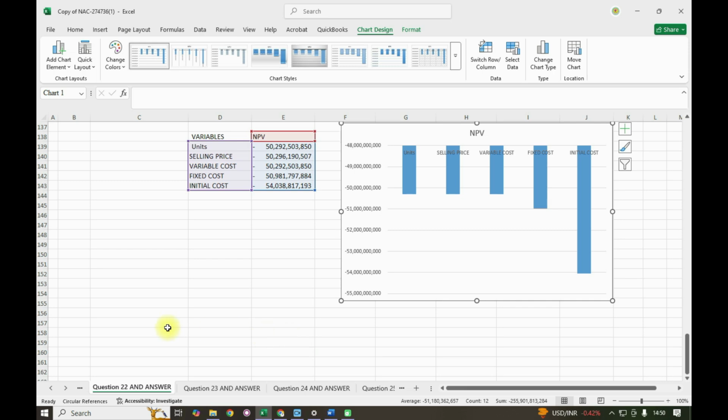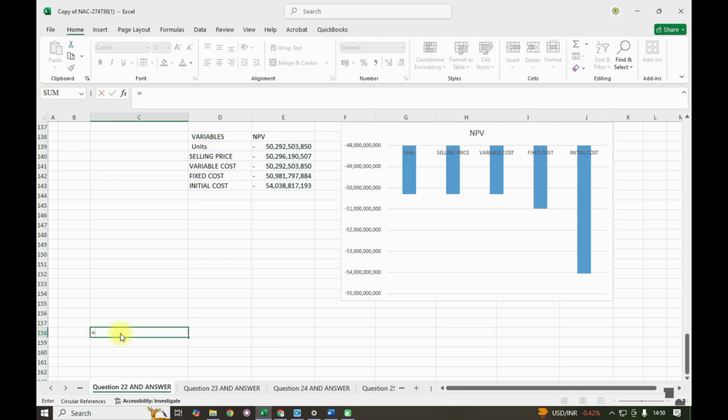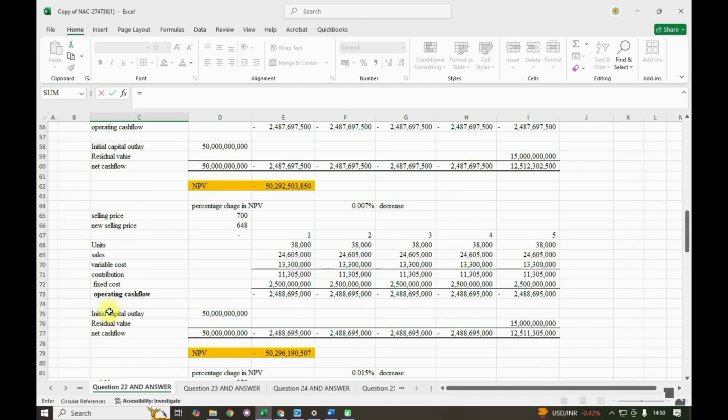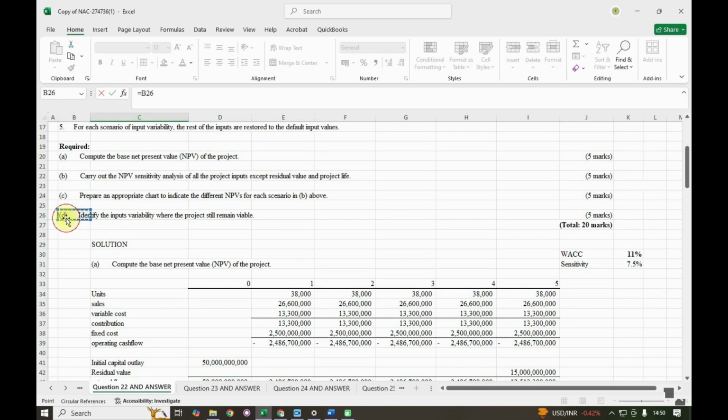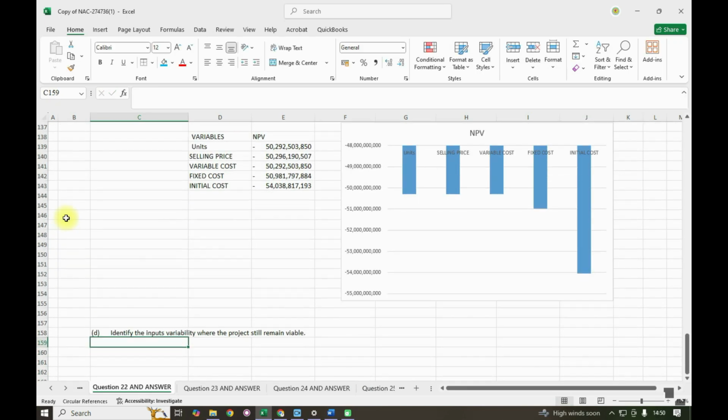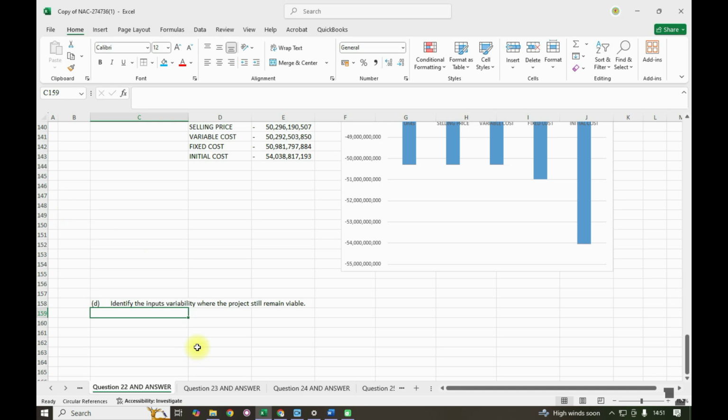And the last part of this question, part D: identify the input variability where the project still remains viable.